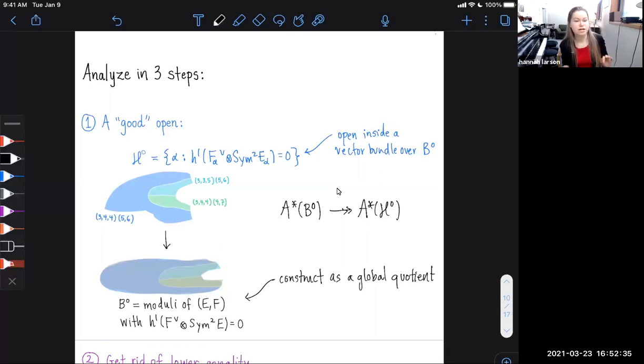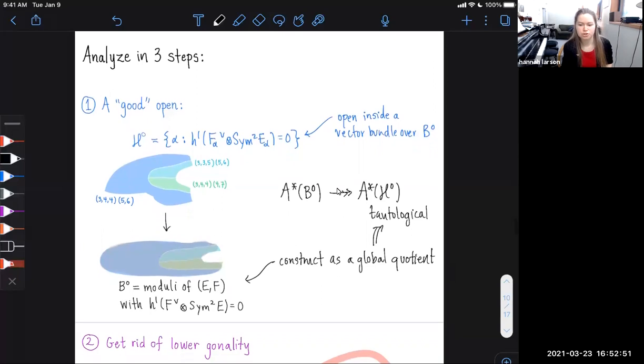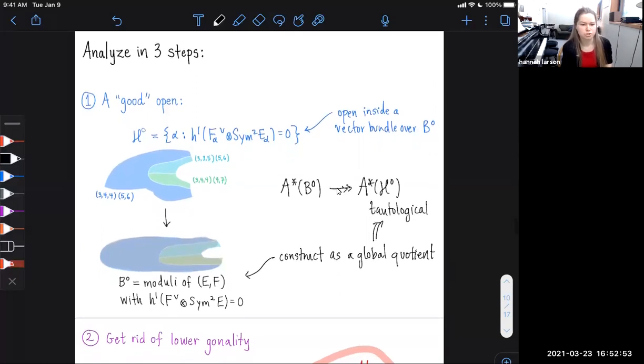And that gave us generators for the Chow ring of B circ. And we could show then that those generators were all tautological. So all classes supported on the good open are tautological.